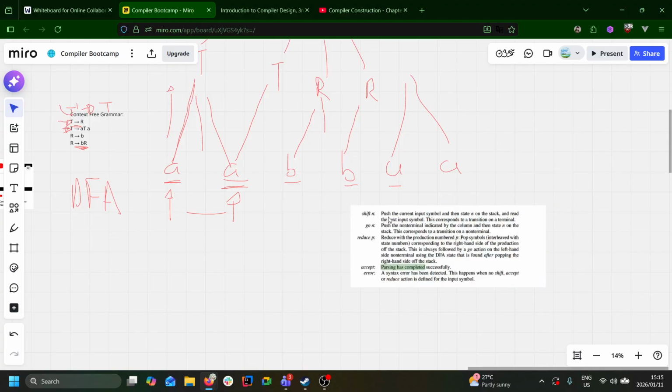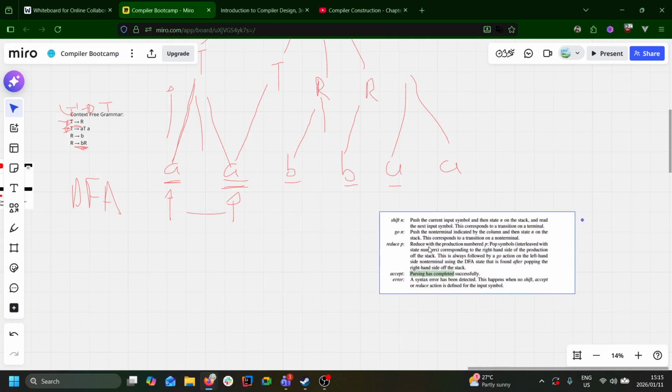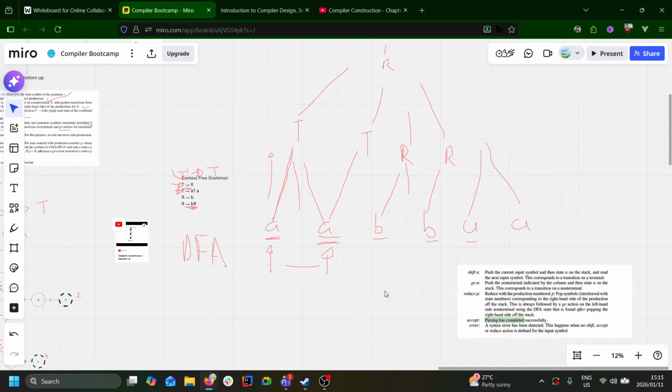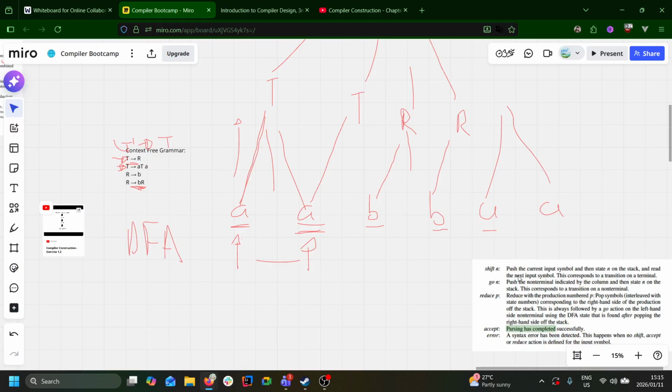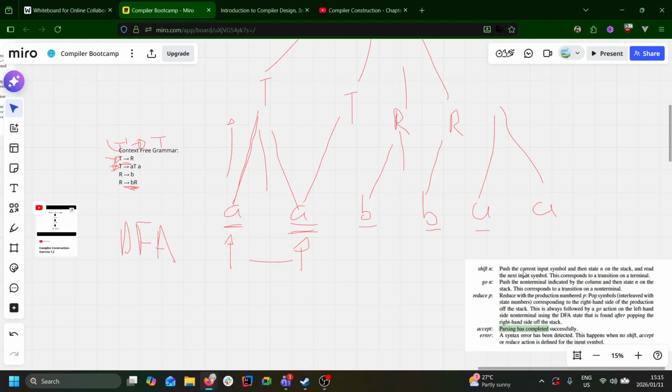So Shift N, see, cool. Yeah, it's as it says. So the Shift N: push the current input symbol, and then state N on the stack and read the next input symbol.